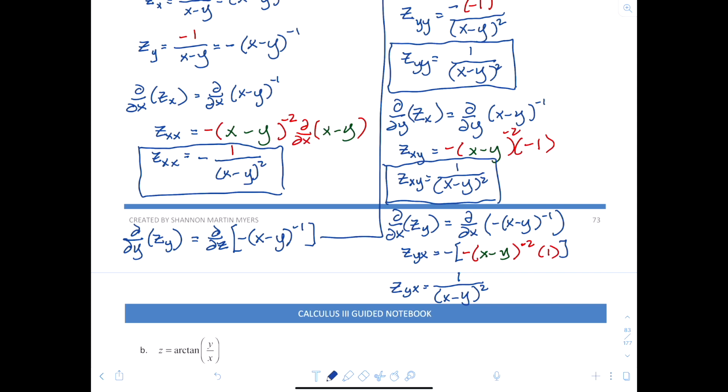And notice that they match, right? So you're always going to get z_xy is equal to z_yx. Okay? And so notice that these are the same.